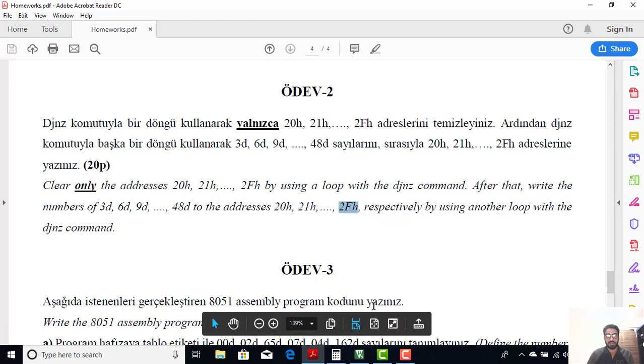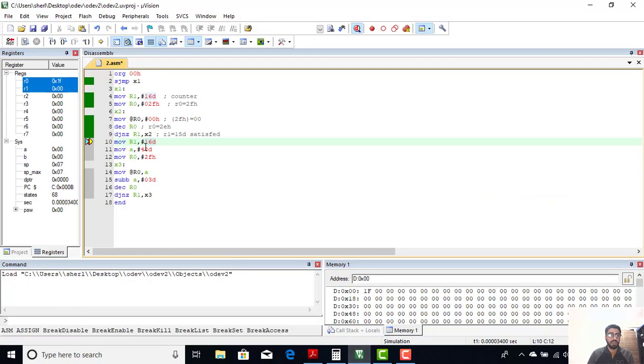How can we do this? First of all we need to use the same counter. The same counter is used here because we are using the same registers, so it's our new counter. We gave it again because we need to move 16 times again to fill the specific registers with the specific data.